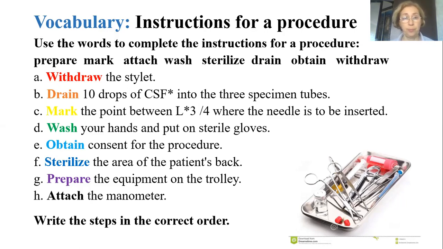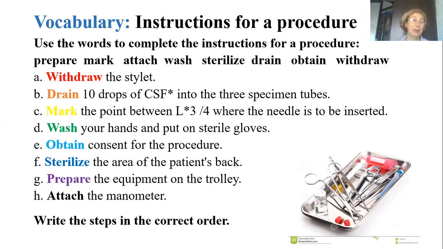What should we do? I think, Miss, the first step is wash your hands and put on sterile gloves. What about obtaining consent for the procedure? Is it important to do at the beginning? I think the washing of hands is more important.